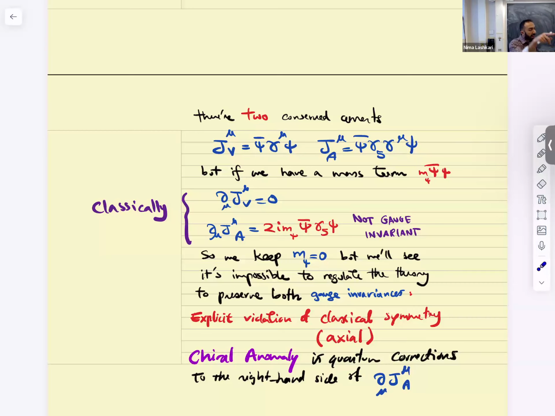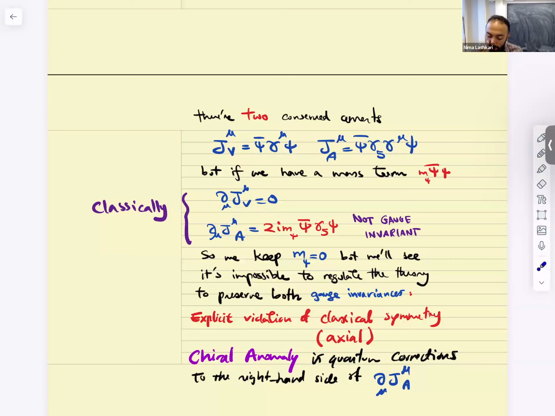This is psi bar psi, so it's dimension d minus 1. That's very important. The conserved currents corresponding to these symmetries have dimension d minus 1.